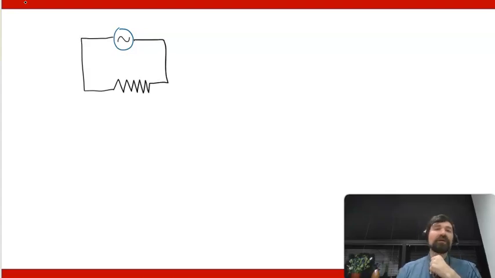Now let's consider an AC source. AC source we typically represent in a circuit by this symbol. Sometimes we put a plus and a minus with it, but this is our power supply. Again, we're going to have it connected to a resistor, and then we use that the current as a function of time, I of t, is something like I naught times the sine of omega t.